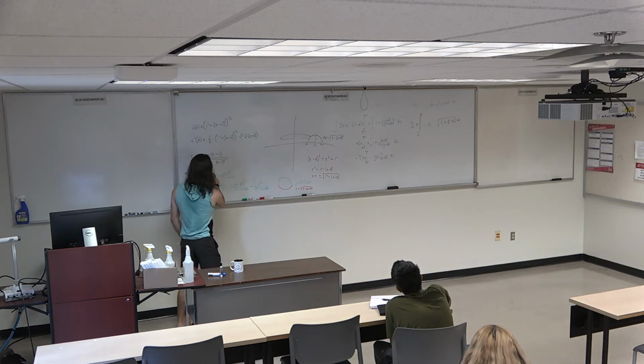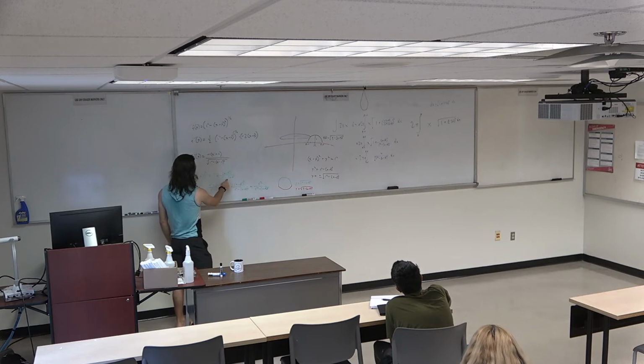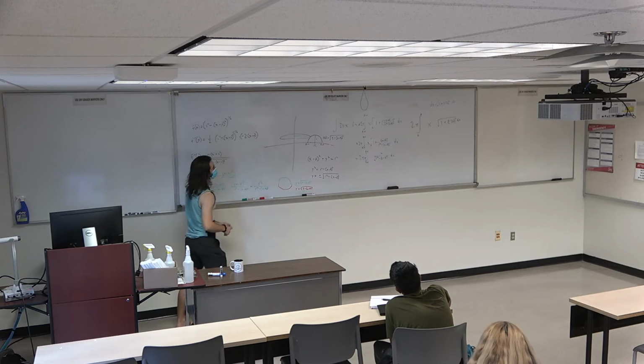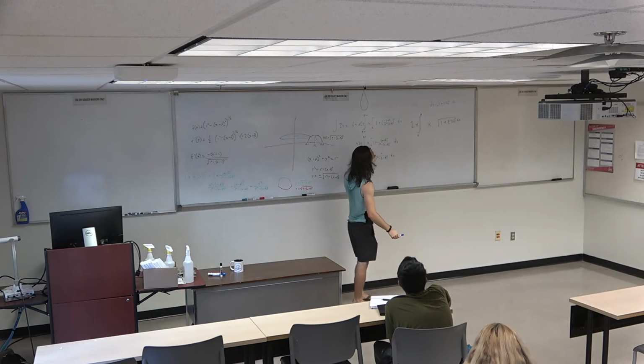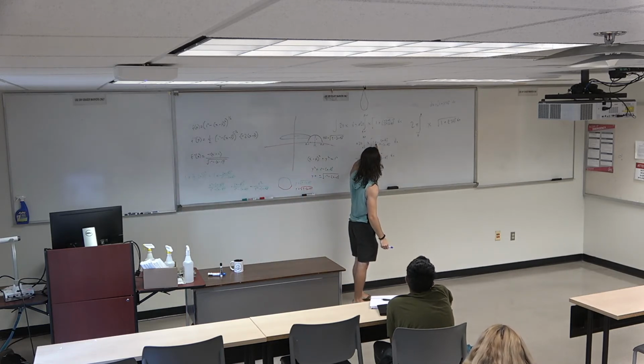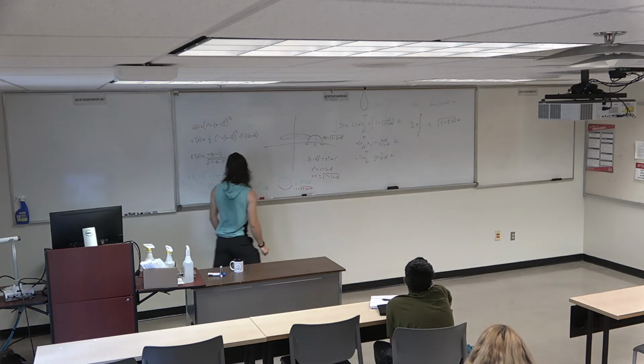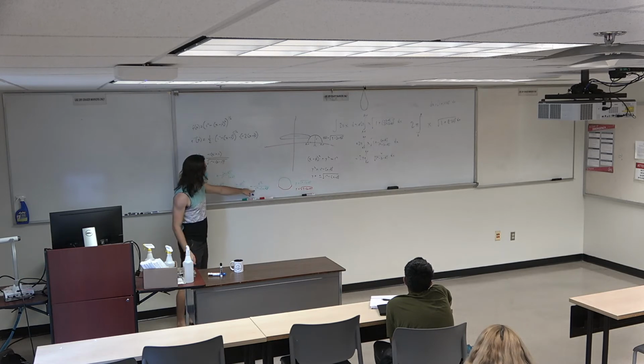But this is two separate terms, which is problematic when we want to simplify with the square root. There's not really anything you can do to simplify a square root of two separate terms like that.